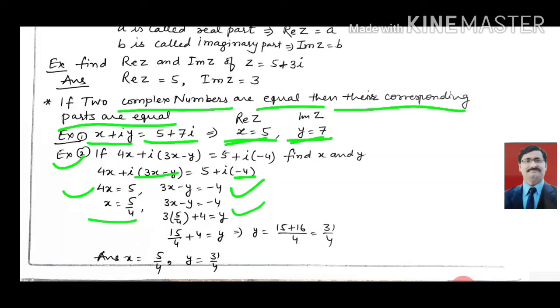Now you will solve, you get 15 by 4, and this minus 4 you transfer, and y also you transfer. So you get 15 by 4 plus 4 equal to y. So y equal to, you take LCM here, and you get 15 plus 16 upon 4, means 31 by 4. So you get the values of x and y: x equal to 5 by 4 and y equal to 31 by 4. So this is a very simple question.